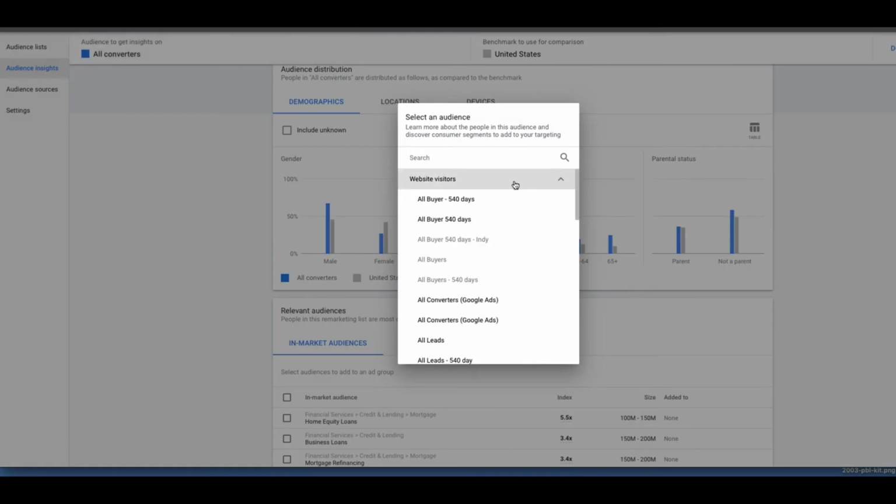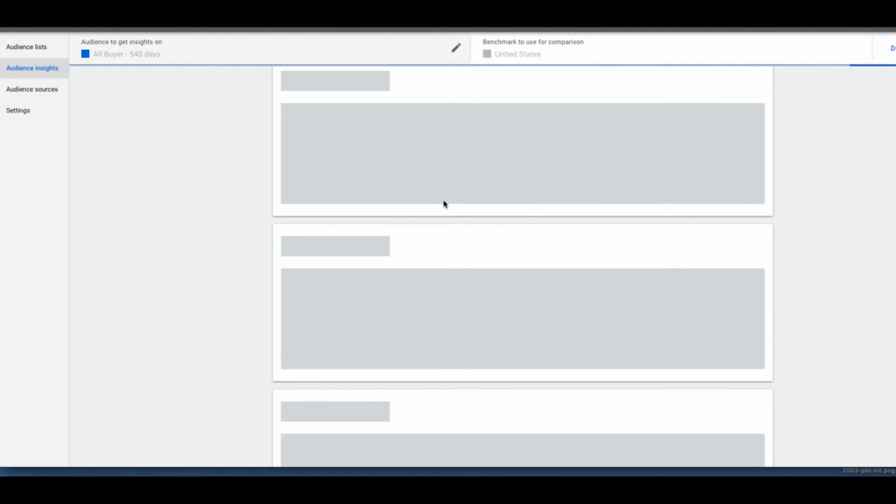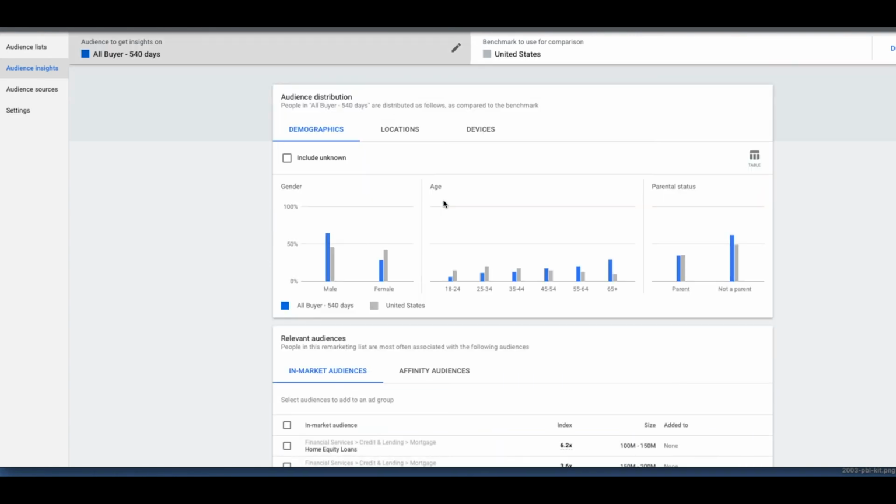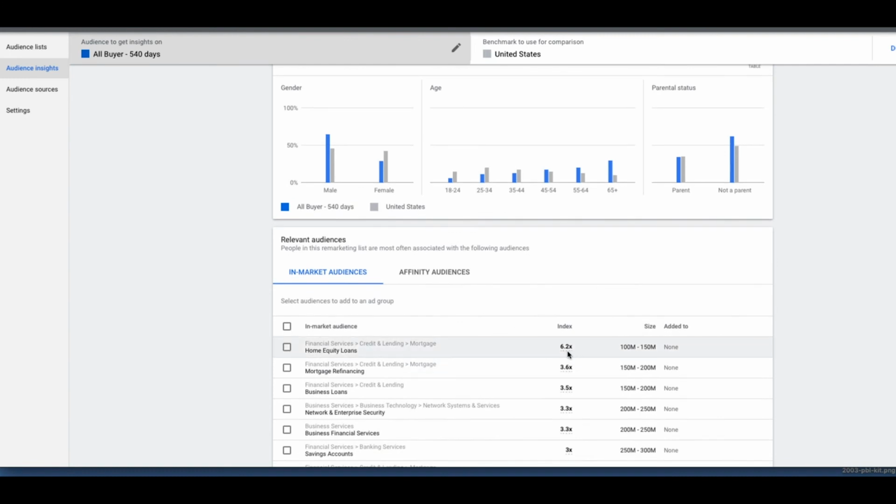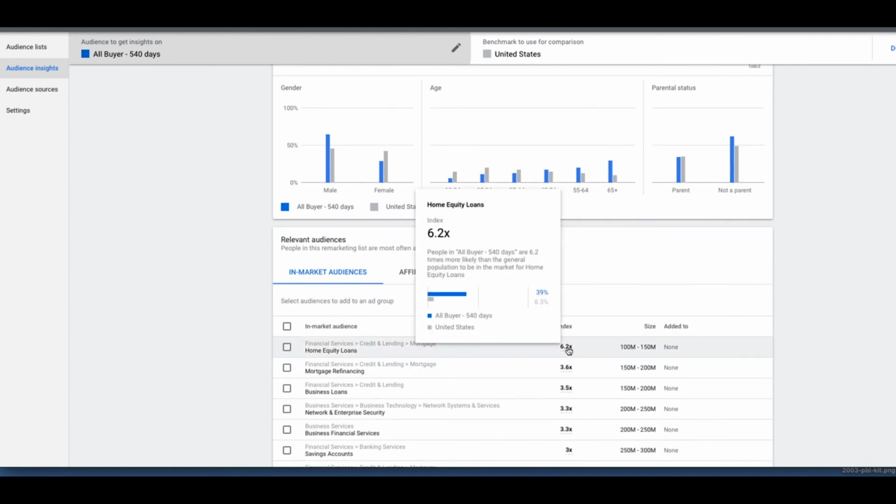I'm really more interested in the buyer data, because we can collect leads all day, and that's great, but I'd rather target the people who are going to end up being buyers. It really just explains this right away, right? People in the all buyer 540 days category are 6.2 times more likely than the general population to be in market for home equity loans.